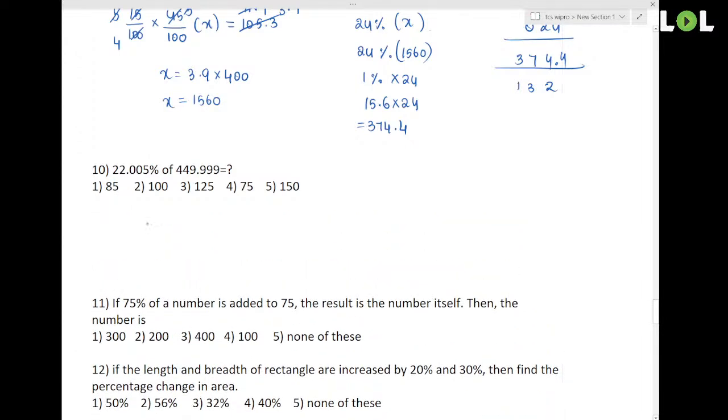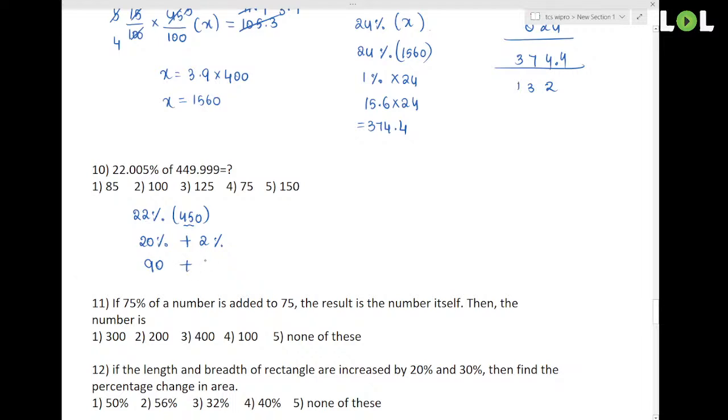10th one. So let us calculate the approximate value. I can simply write it as 20% of 450. Sorry, 22% of 450. So I can calculate it as 20% plus 2%. 20%, how do I calculate? 10% into 2. 10% is 45. 20% is 90.